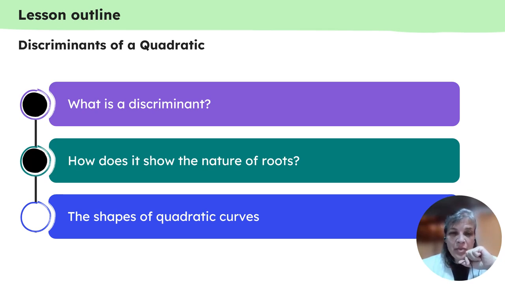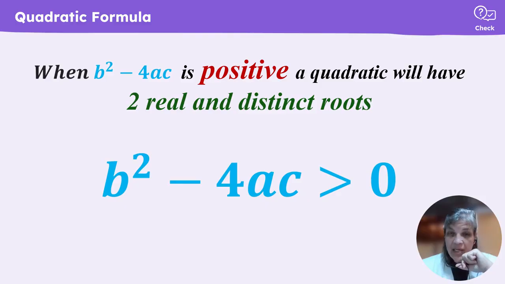How does this discriminant show us the nature of the roots? If the discriminant is positive, then the quadratic will have two real distinct roots. Okay, if the b squared minus 4ac is greater than 0.